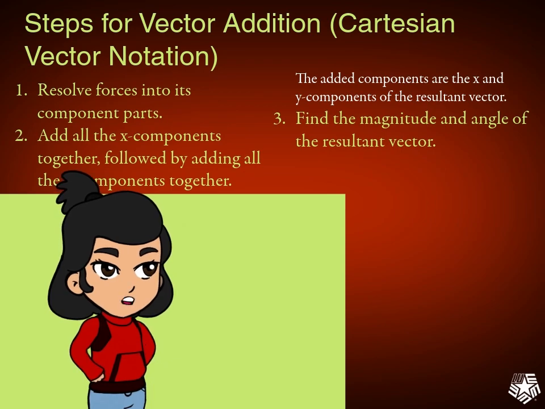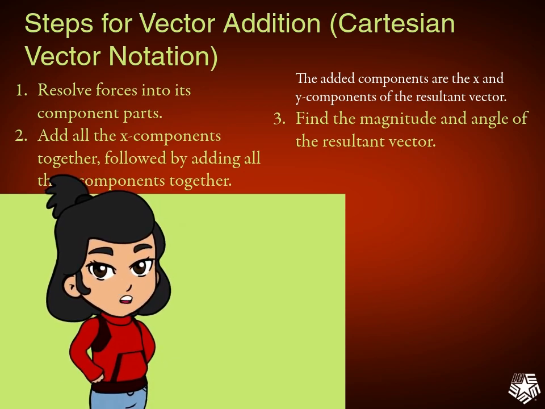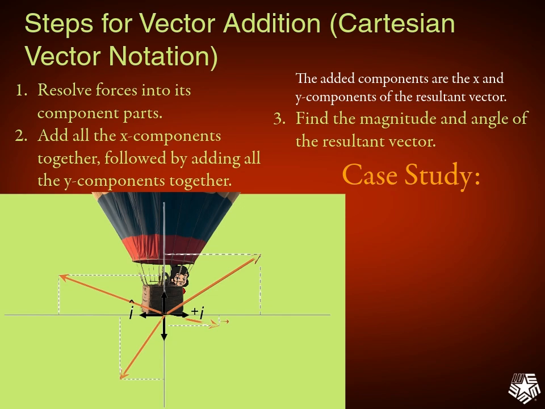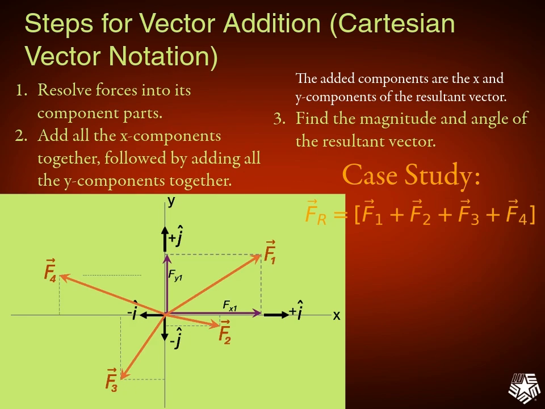You can definitely do this graphically as we've seen before, but more than two vectors becomes extremely difficult to track. In this system, we have four forces acting on a single point. This could be something as simple as the hot air balloon we saw at the beginning of this video. We would first resolve each one of the forces into their component parts and convert them to Cartesian vector notation.